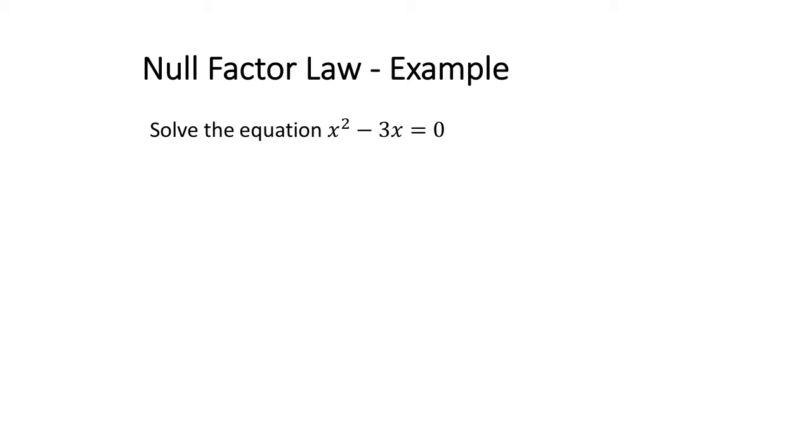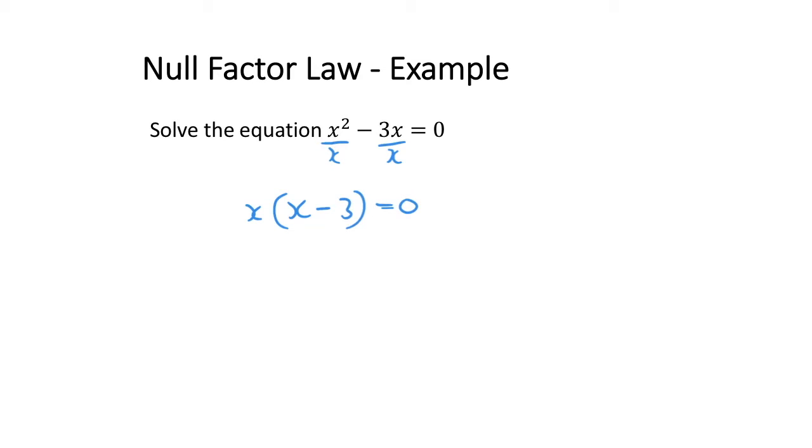So I can go ahead and remove that common term, and I can do that by dividing both of my terms by x. So x squared divided by x is going to equal x. 3x divided by x is going to equal 3. So it's going to be x minus 3. And then outside the bracket is going to be my common factor of x, which is equal to 0.